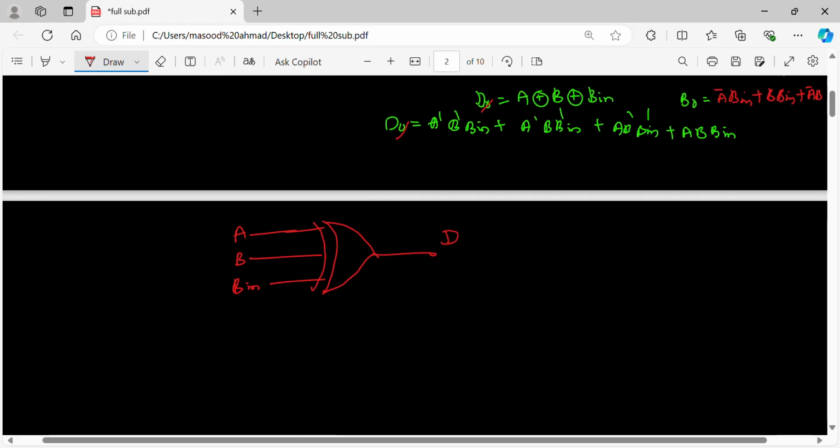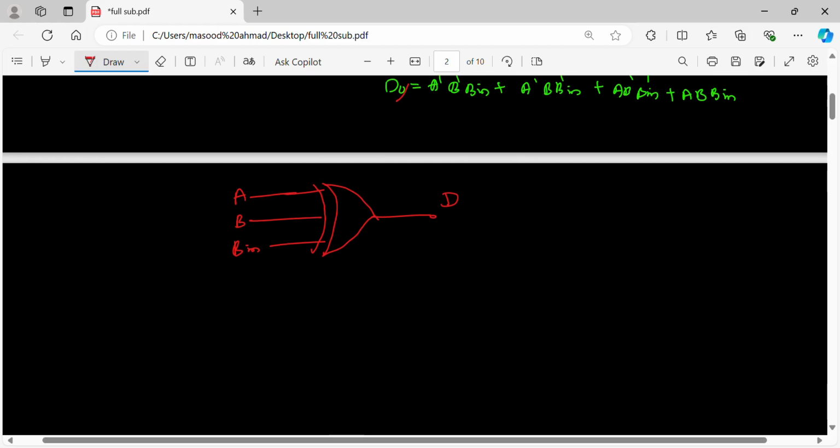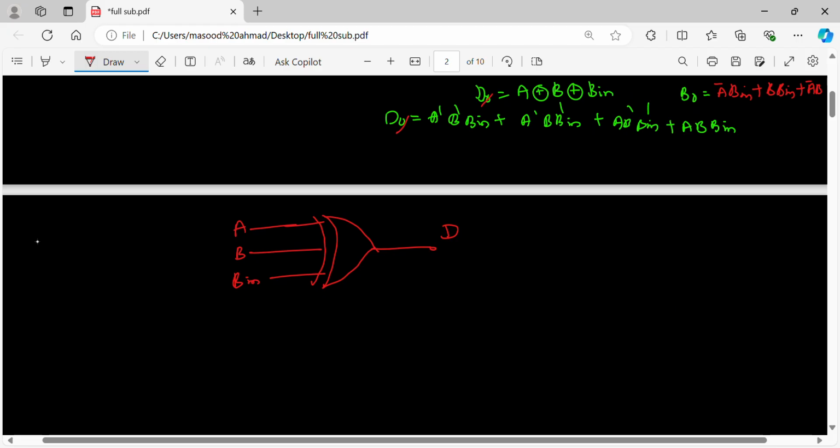But for B0, what I need to do is I take A, I take B, and from here I take A. I'll give it to the inverter, then A bar is ready. This is A bar, and A bar I AND with B. Then I'll take A bar and B in, so A bar B in.